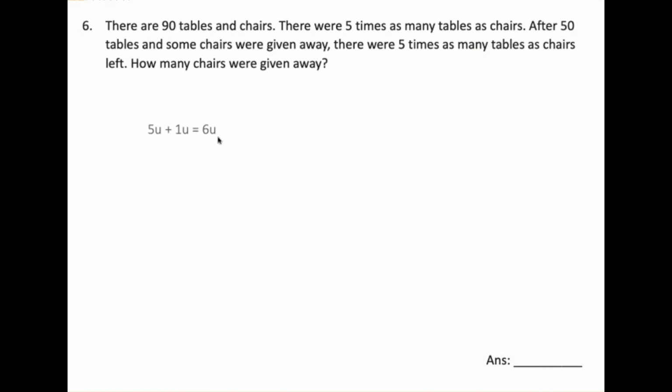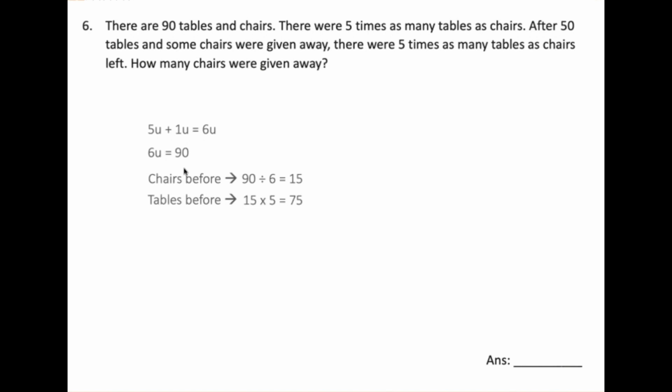So 90 must be equal to 6 units. Find 1 unit. So 1 unit is 15. And we know that the chairs are 1 unit. So 1 unit is 15. Then the tables will be 15 times 5.